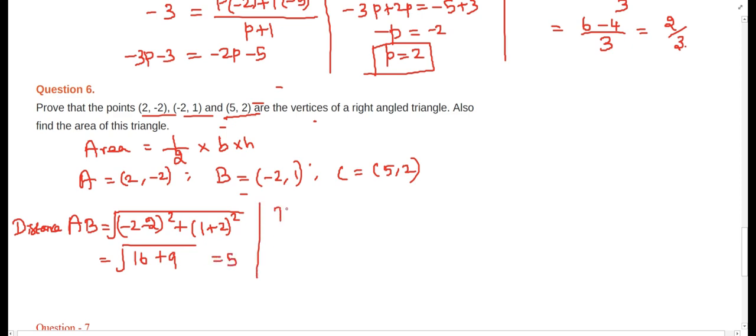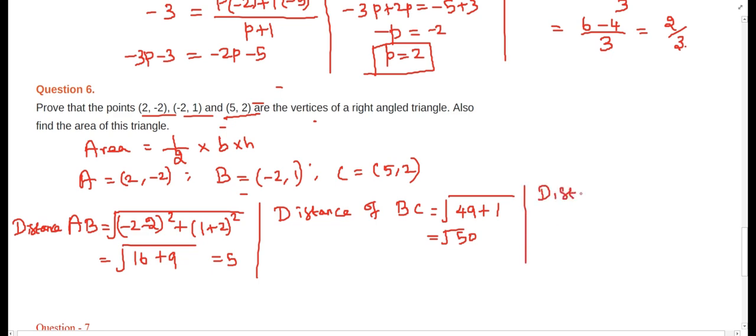Distance of BC is equal to square root of, I'm just directly writing the values, (5 plus 2) whole square, that is 7 square 49, plus (2 minus 1) whole square is 1, that is root 50. And distance of AC is square root of (5 minus 2) is 3 square, plus (2 plus 2) is 4 square, which is equal to root of 25, that is 5.